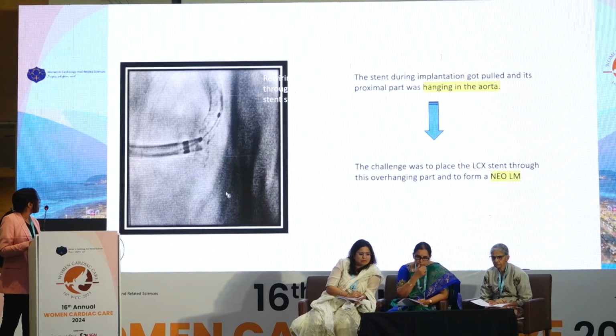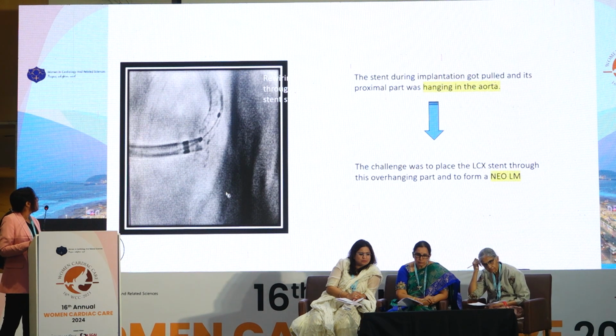So we took a stent boost. We saw that there is elongation of the left main stent and the stent got pulled and is hanging into the aorta. So there was a challenge to wire the LCX and put an LCX stent through this overhanging part of the left main.